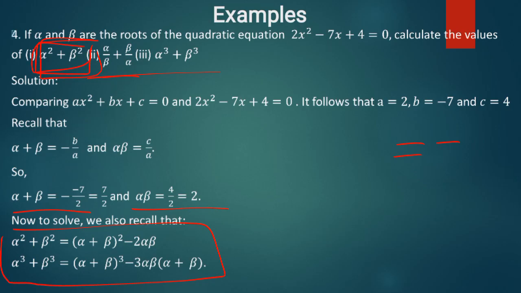Since we're looking for alpha squared plus beta squared, look at it here. It's the expansion of this term here. If you expand this, you get this term here, so this is the same as this. All you need to do is plug in alpha plus beta, which is 7 over 2, and alpha beta, which is 2, and you would have solved for this.